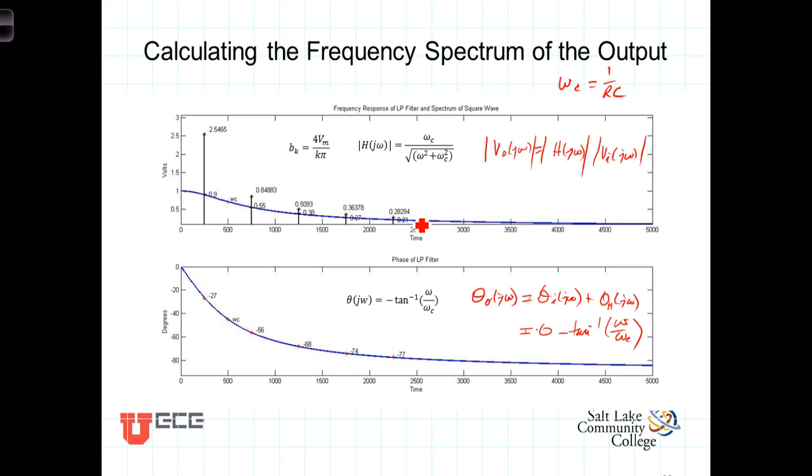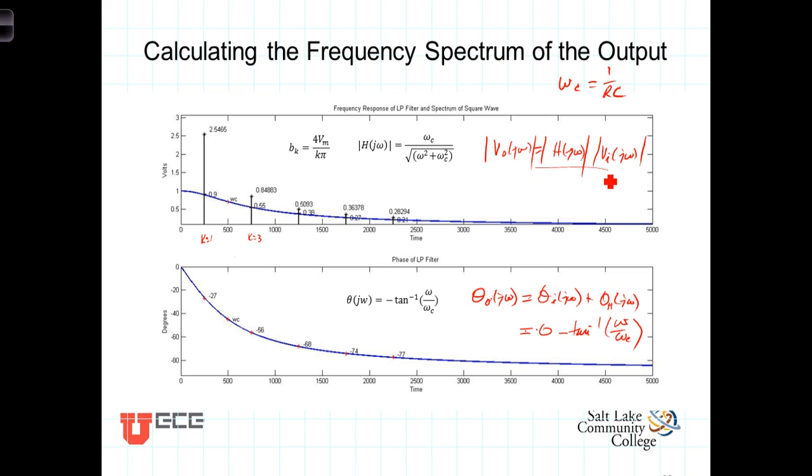The first term at 250 radians per second has a magnitude of 2.5465. Similarly, the magnitude at 750, this is the k equals 1 term, the k equals 3 term, and so on. So these top numbers are the values of the magnitudes of each of the input components. These other numbers are the values of the magnitude of the frequency response function at each of these frequencies. In other words, these numbers here are just this evaluated at omega equals 250, omega equals 500, 750, and so on.